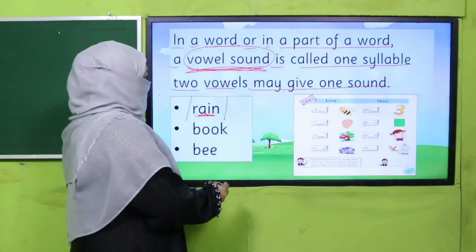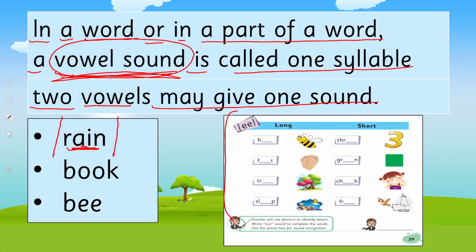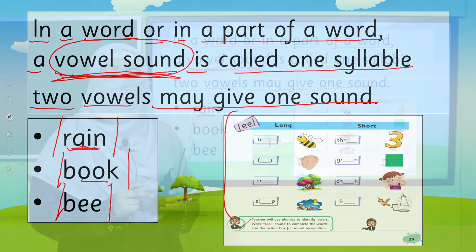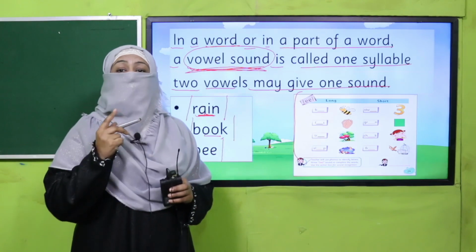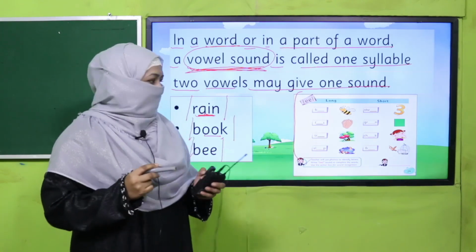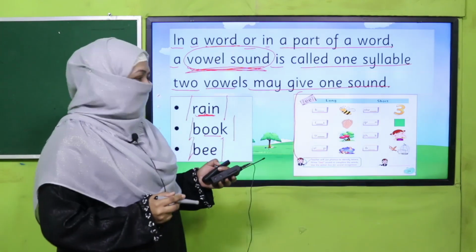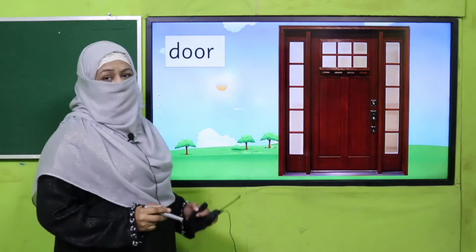Okay, we have learnt about it, so we are just recalling it. Book, there are 2 vowels but one sound, so it is one syllable word. This is how we pronounce words and we find out syllables. Okay, we are going to learn further and let's practice these words.